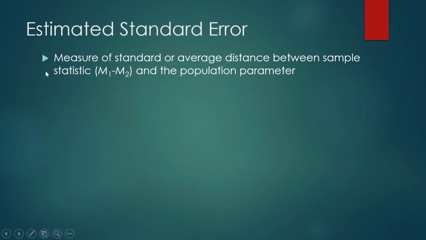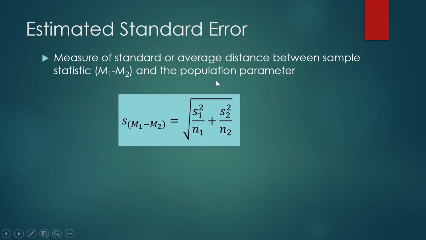The estimated standard error for the independent measures t-test is a measure of the average distance between the sample statistic, which is our mean, and the population parameter. The notation is s sub (M1 minus M2), and the formula is the square root of the variance for sample 1 over n for sample 1, plus the variance for sample 2 over n for sample 2.